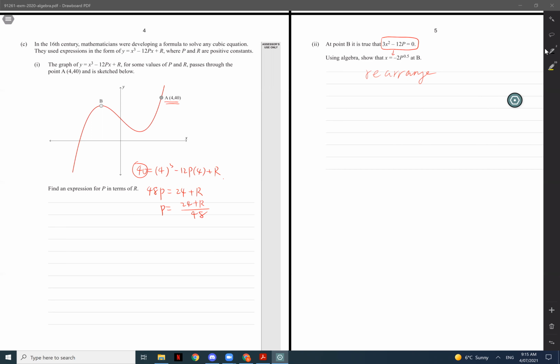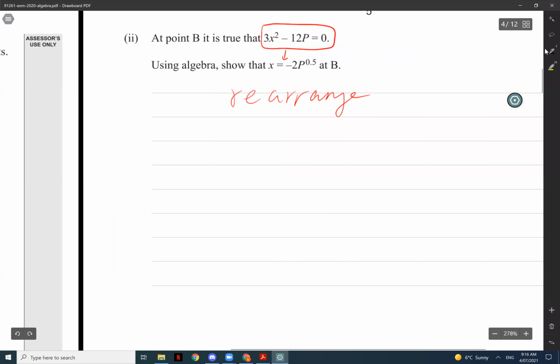Rearrange and solve for x. What's the first step? You can move 12p to the other side and then divide by 3. Then square root, plus or minus root 4p.